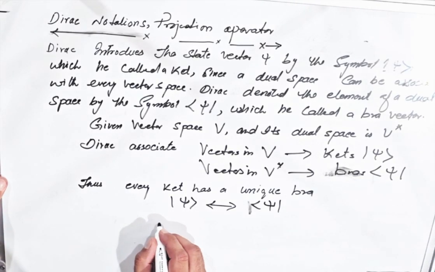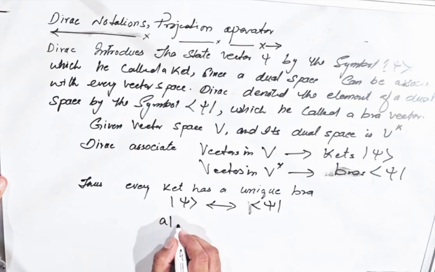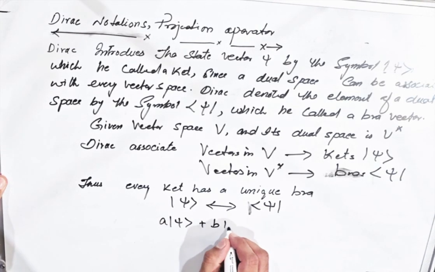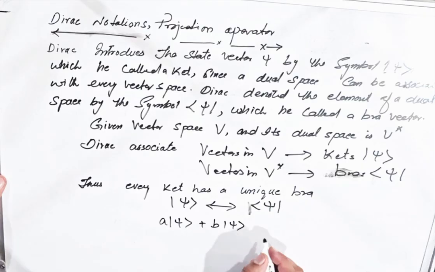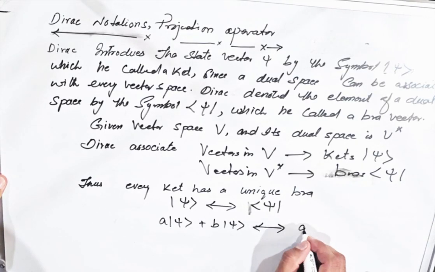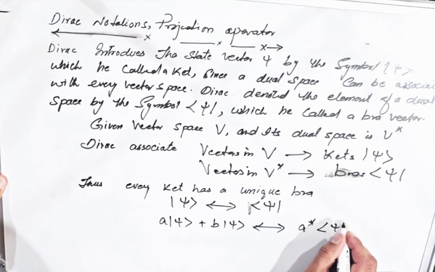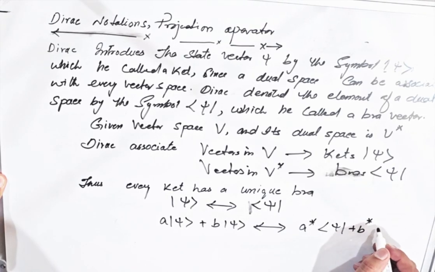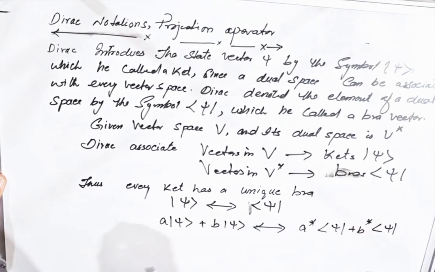Similarly, A psi plus B psi is equal to A star psi plus B star psi.